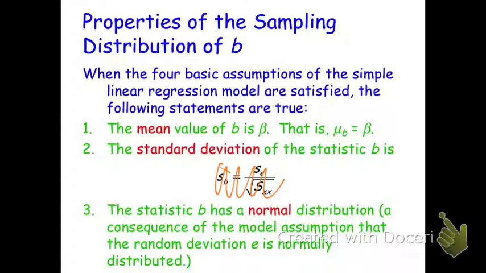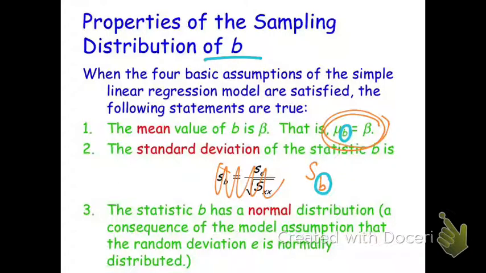So the mean is equal to your slope. Now, the standard deviation. This little sub B is talking about the sampling distribution of B, so you're essentially doing the sampling distribution of the slope.